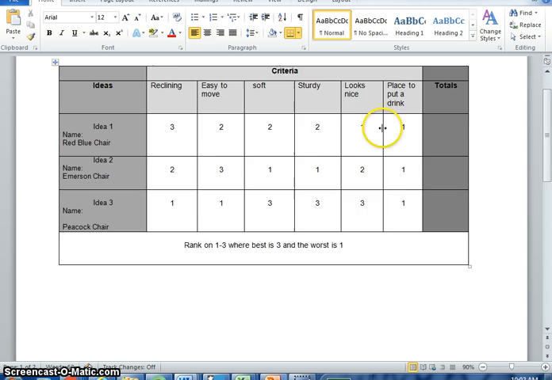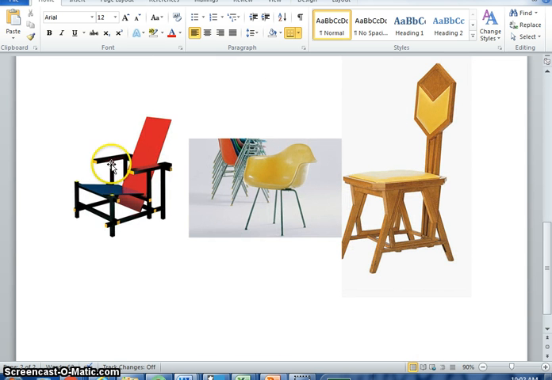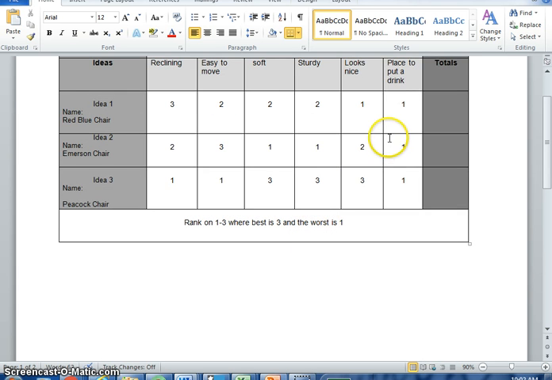A drink. Which one do you think is the best? I think this one right here, don't you? And then number 2 maybe? No, 3? Yeah, 3. So we'll do 3, 2, and 1.